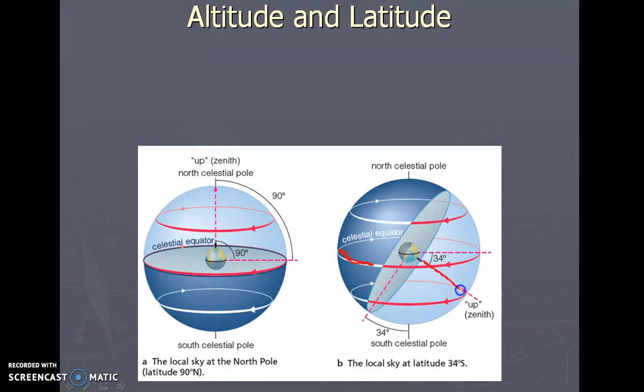Your zenith is here. And this is at 34 degrees south. So if this is your zenith, then clearly you wouldn't be able to see anything that's down here, because you're just facing this direction rather than the other direction.